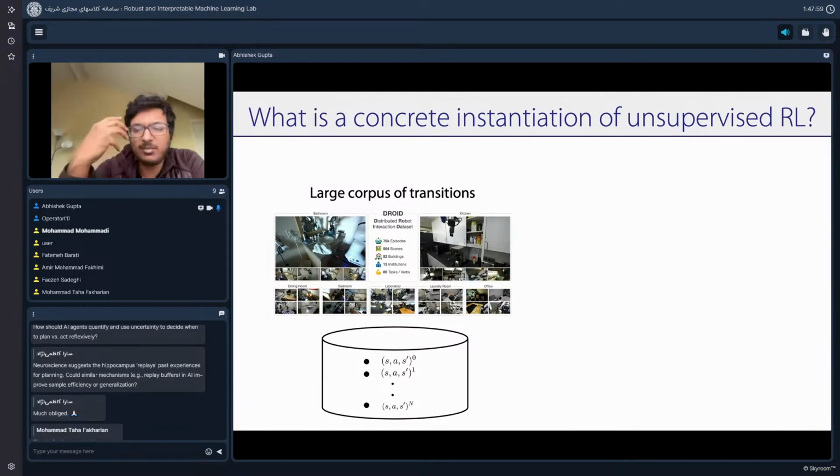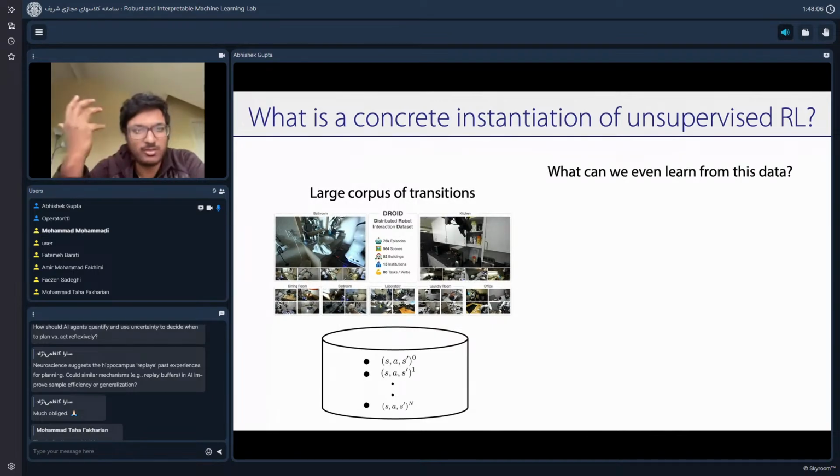Given that premise, the important question is what can we even learn from this data? When we talk about reinforcement learning, typically we're talking about reward maximization, things like policy gradient and Q-learning, things that try to maximize the reward for a particular problem.